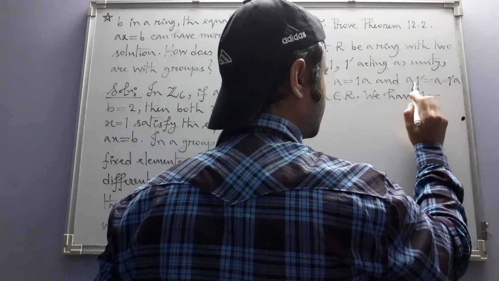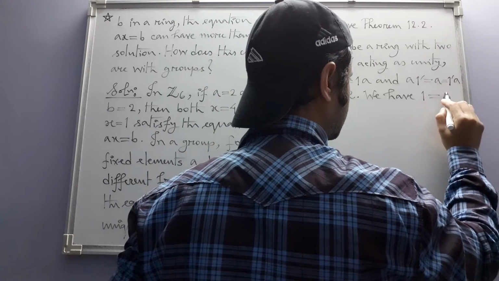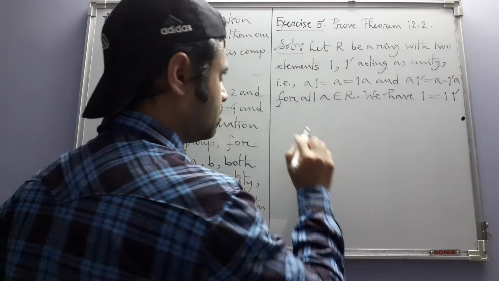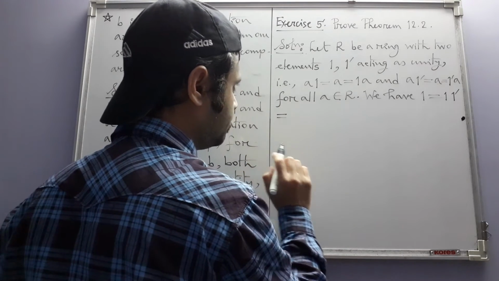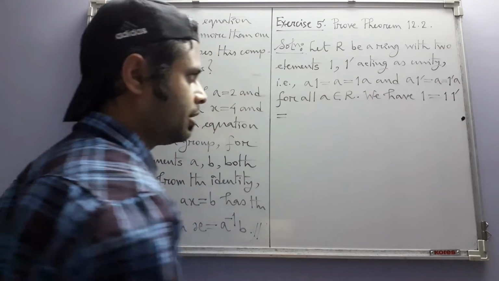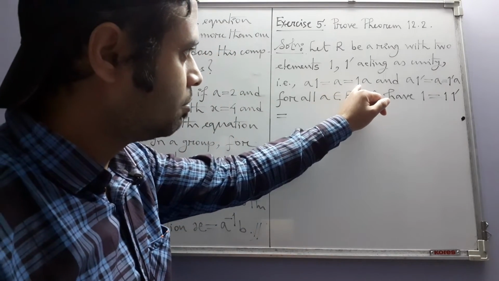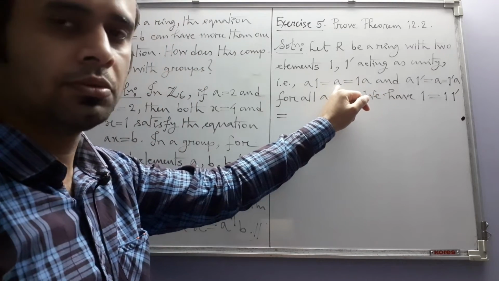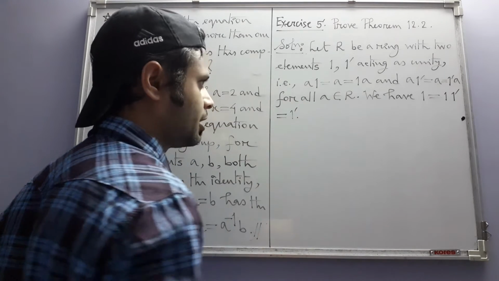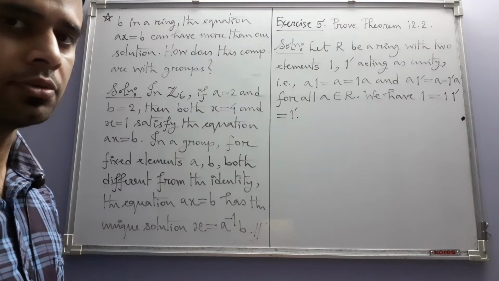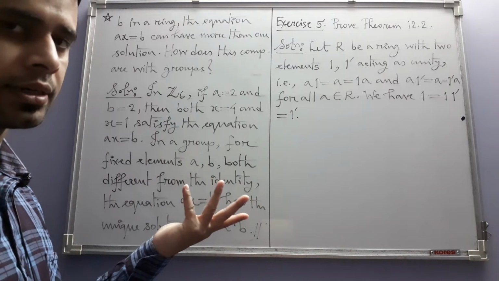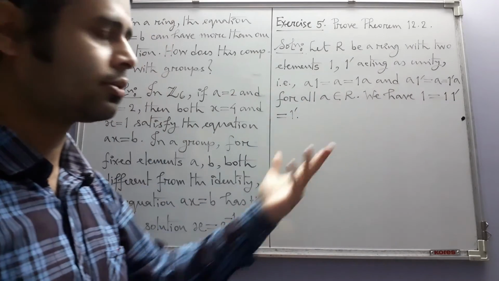So 1 is equal to 1 1 prime. And now if you think of 1 prime in place of A here, then you get 1 prime is equal to 1 1 prime. So that's why 1 and 1 prime are equal. I should have written it somewhat more elaborately, but you understand where this final conclusion is coming from.